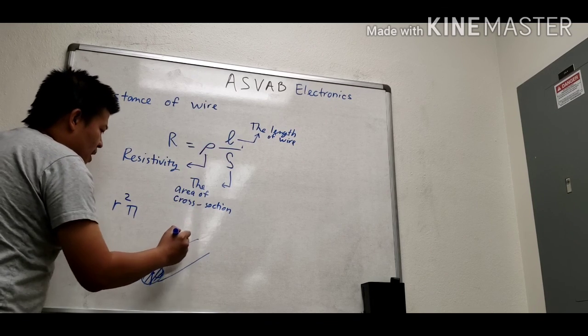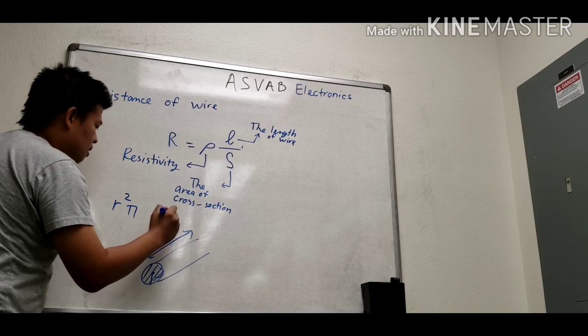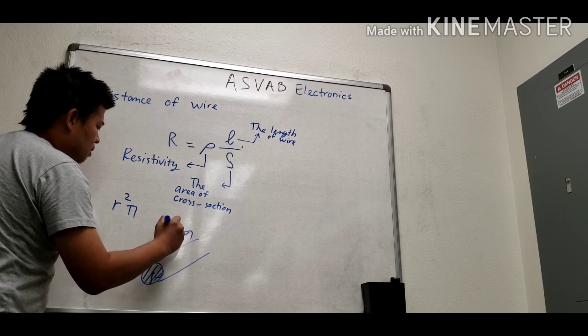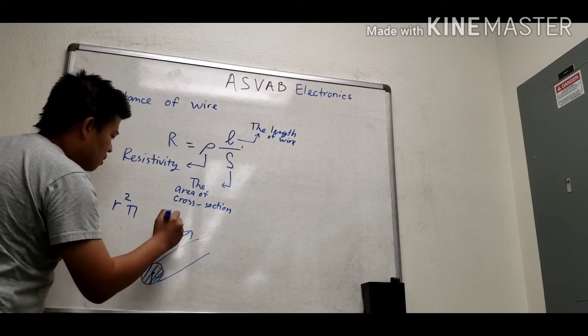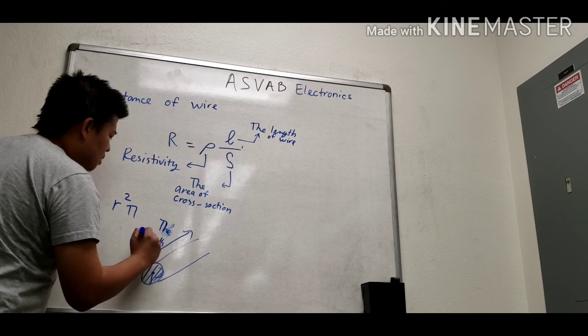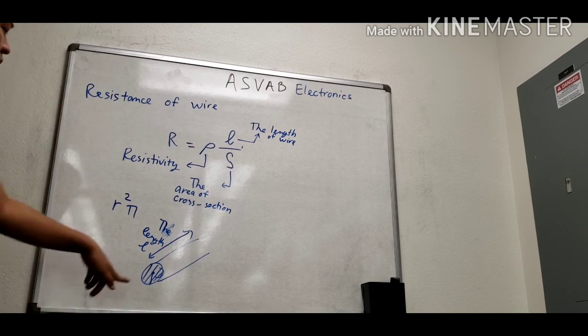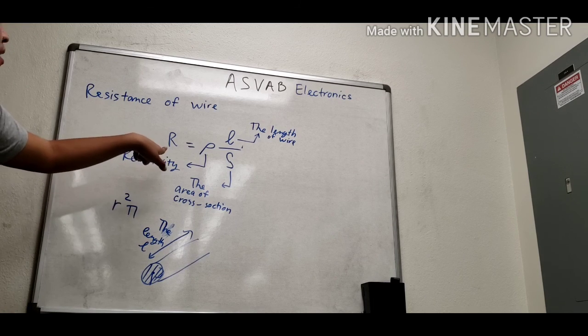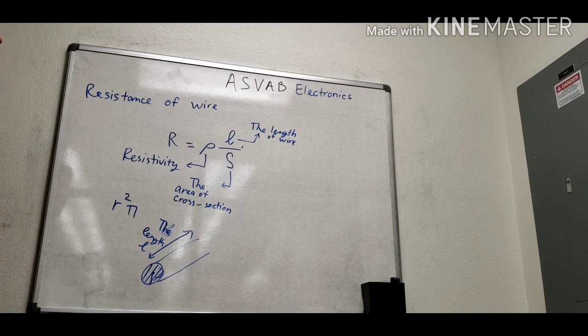L is the length. That's the L. And we need to learn this formula because it is on the ASVAB test.